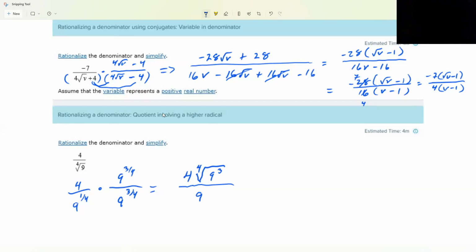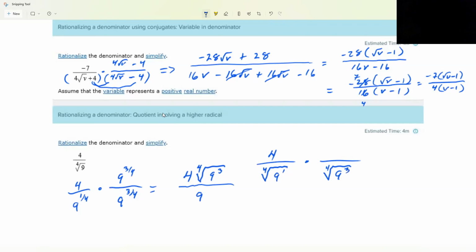Another way you could have done this: if you've got the radical there and you understand that this is 1 here and that's 4, then you know your index is going to be 4. You're trying to say, what's that number going to be? So 1 plus what is going to give me 4? So you just use 3.